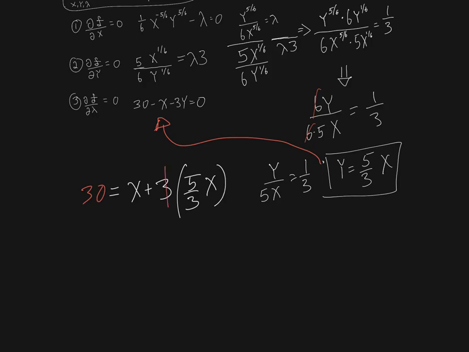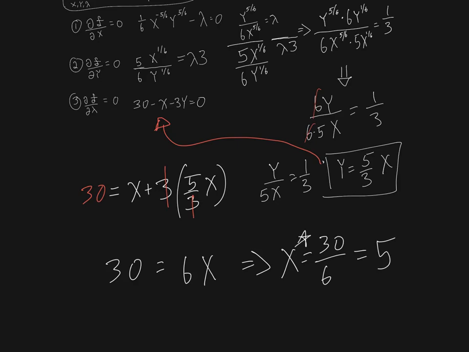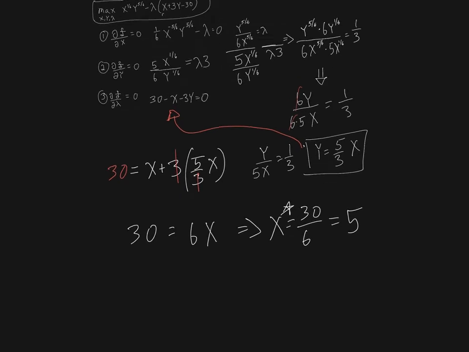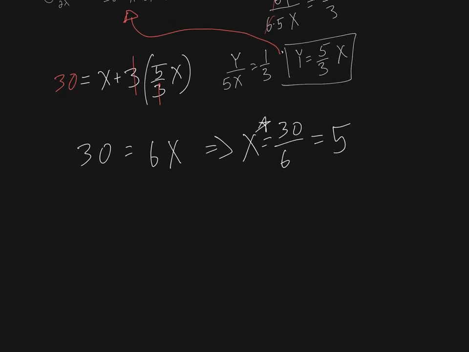And very, very conveniently, the 3's cancel, and you get that 30 must be equal to 6x, which implies that x is equal to 30 divided by 6, which is equal to 5. What a nice, convenient, clean solution. And of course, we're not done yet, because now we have to find the optimal y.